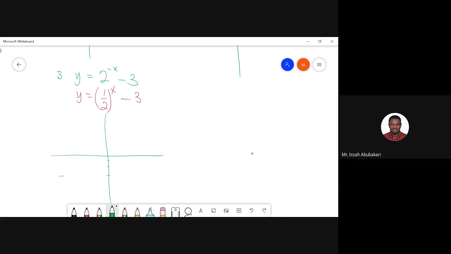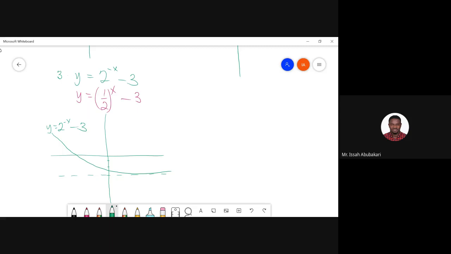We have our dotted line through minus 3 to indicate that the line we are going to plot will never reach minus 3. This is decreasing, so it will slope like this, but it never touches the line. So at the end, we write y is equal to 2 exponent minus x minus 3, right?